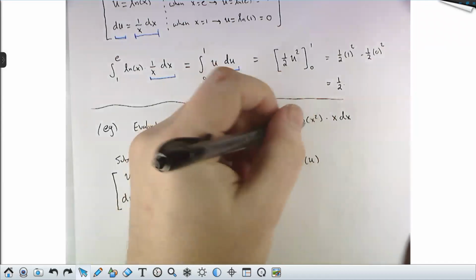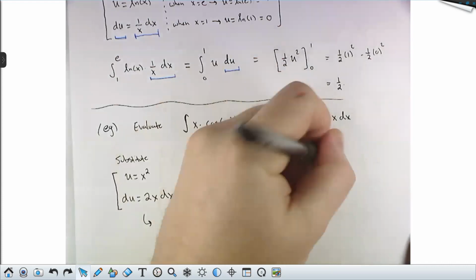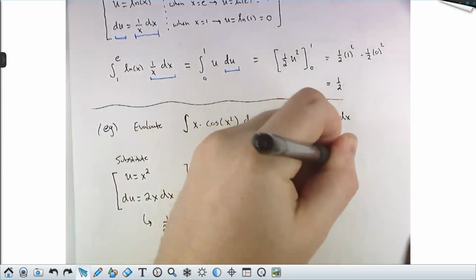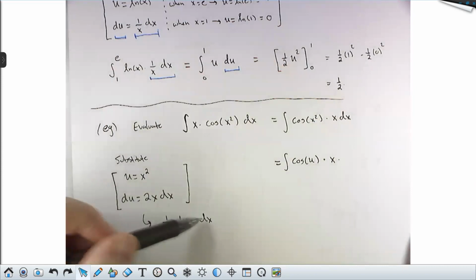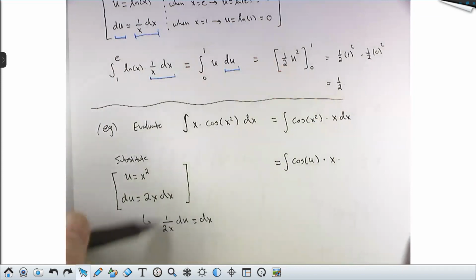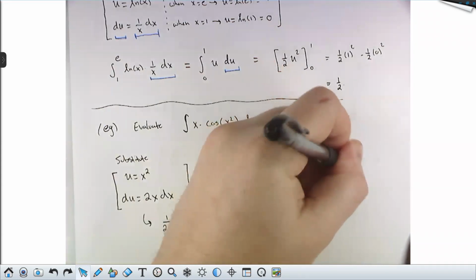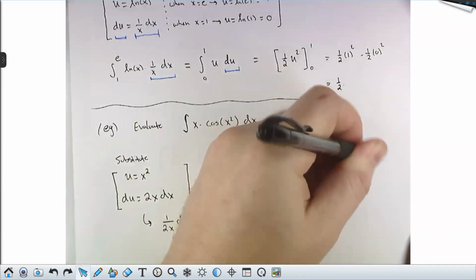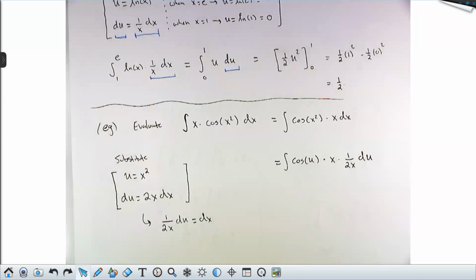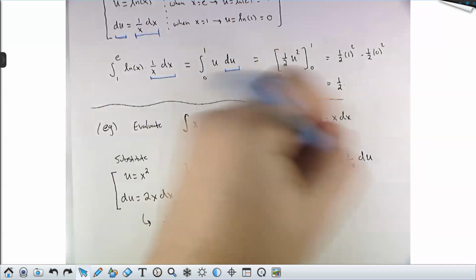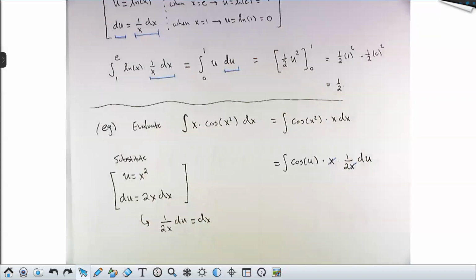So this here I had cos of x squared, and then I have this x. And now dx, I can replace by 1 over 2x du. And notice that the x's cancel. So what is left there is going to be the 1/2 du that I would have had if I'd done it the other way.